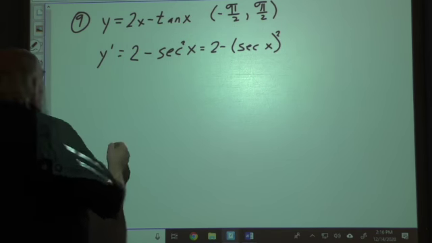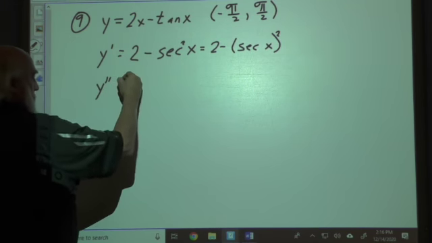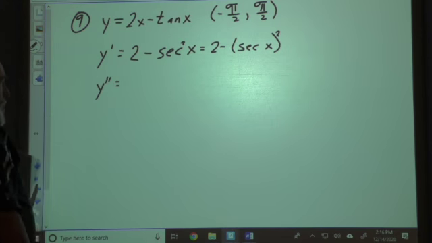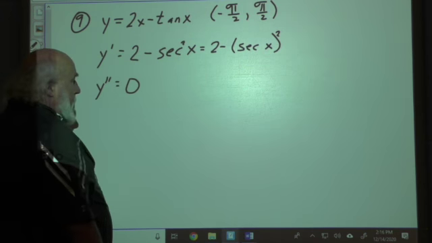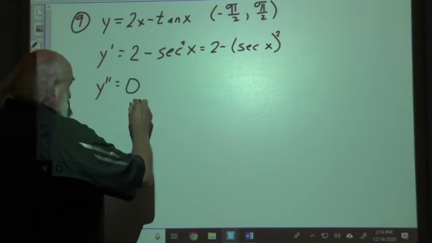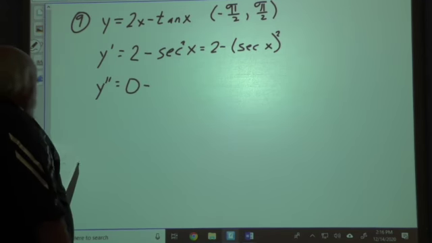Now, that means we can go on to the second derivative. The derivative of 2 is 0. So we're just going to focus on the negative secant squared x, well, the negative can go down there.